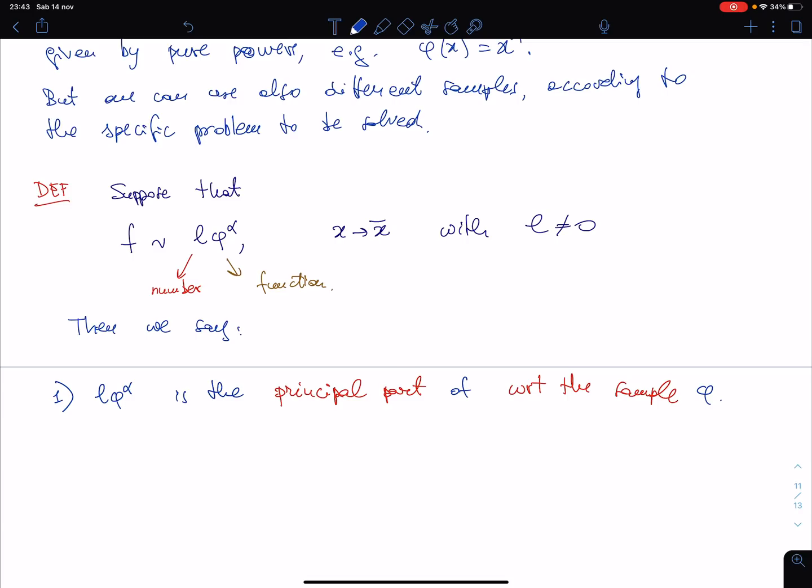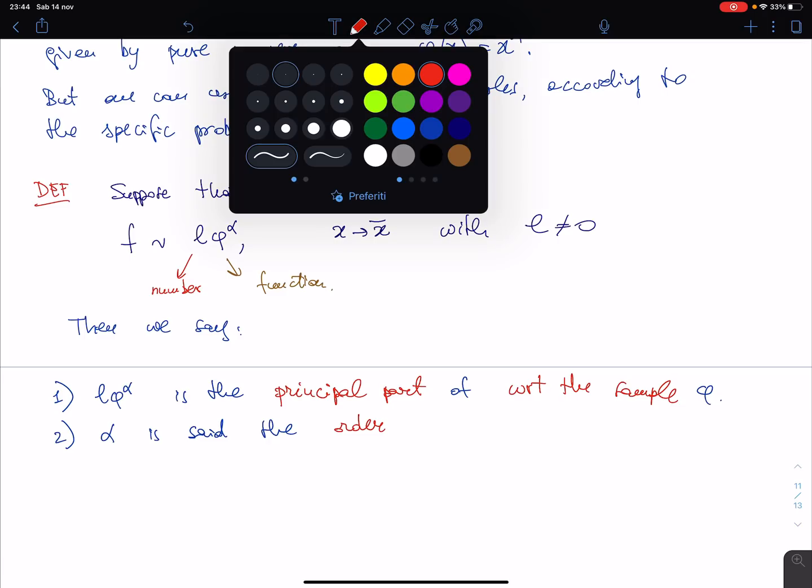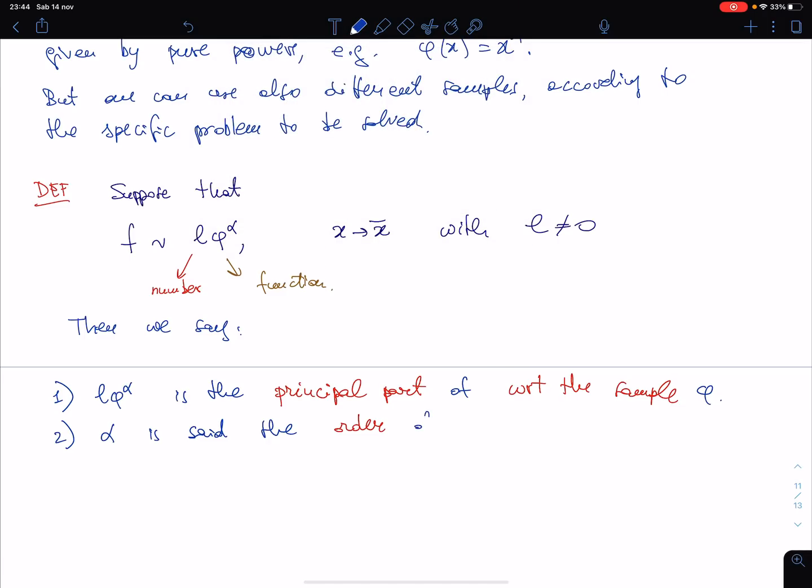Phi, in many examples, we will have phi of x is equal to x. Okay? And moreover, there is this power alpha, and alpha, the power, is said to be the order of the function f with respect to the sample phi.